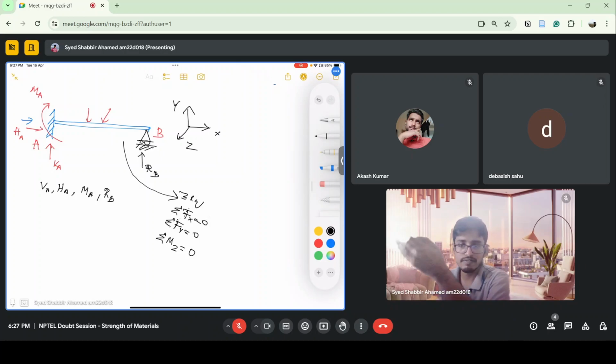If all the equations are satisfied, then I can say the structure is static.